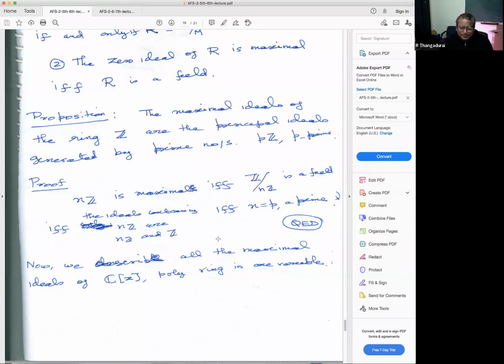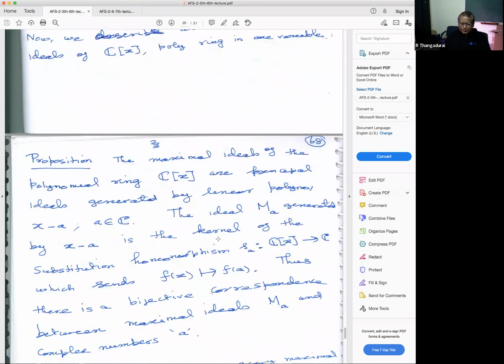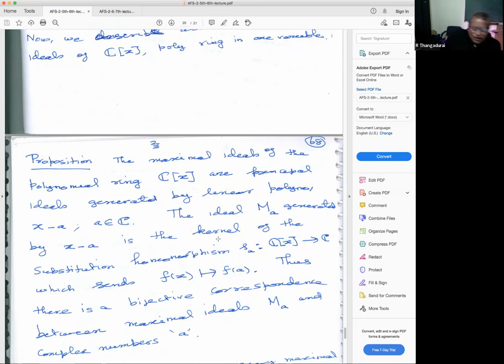Okay, this is the proposition. The maximal ideals in the polynomial ring C[x] are principal ideals, because C is a field and therefore every ideal of C[x] is a principal ideal generated by one element.